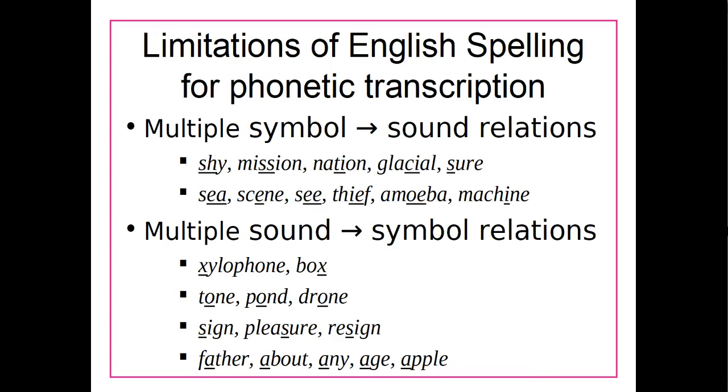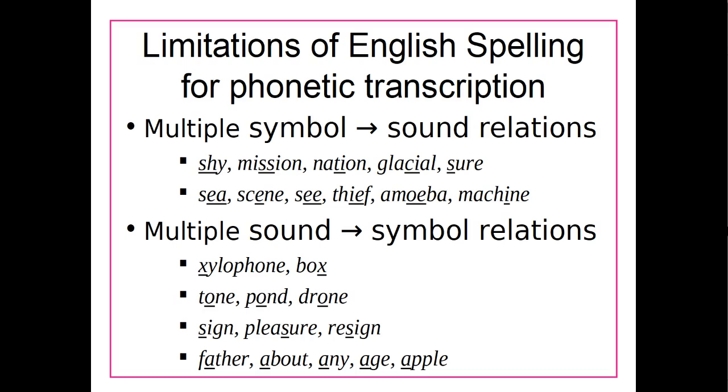So I left you last time with a little question to think about: how, at least in English and certainly in a lot of other languages, we have a discrepancy between spelling and sound. So we can have, in English anyway, multiple symbols representing the same sound.